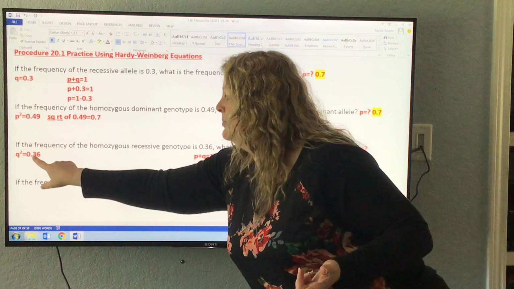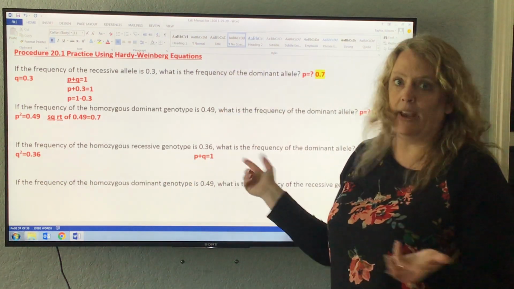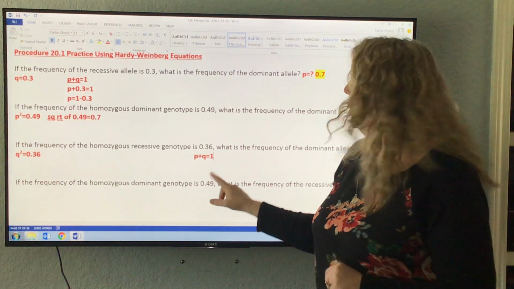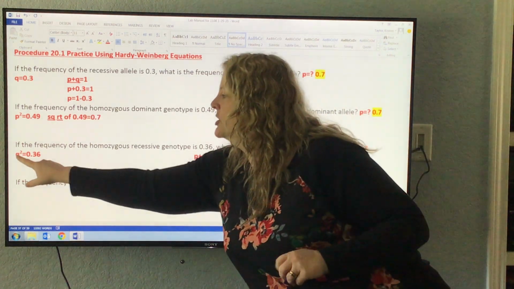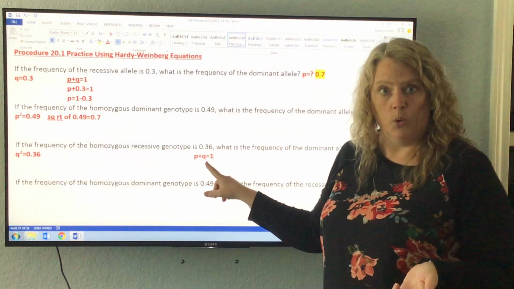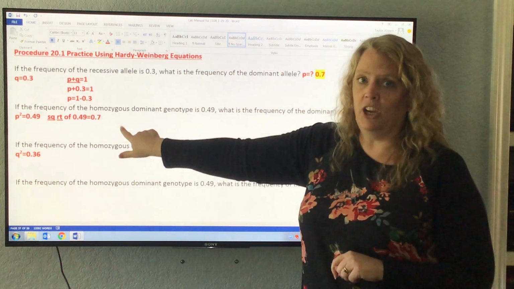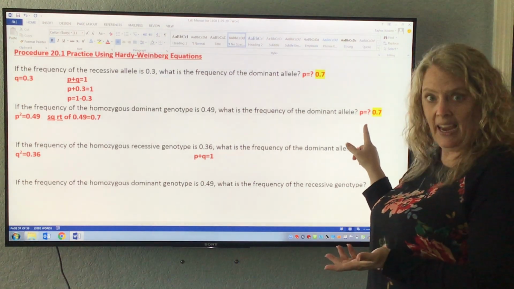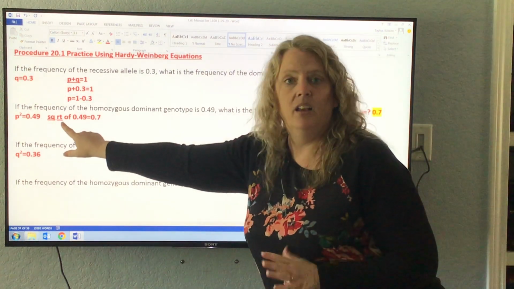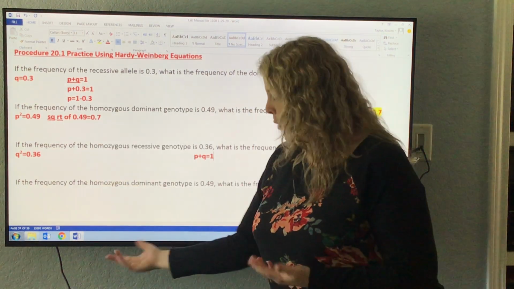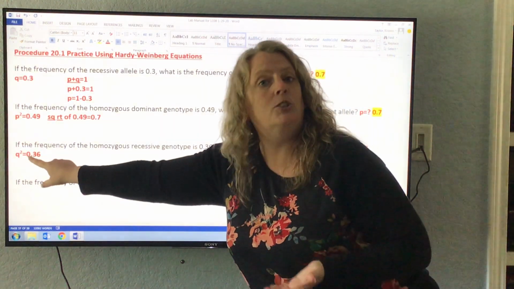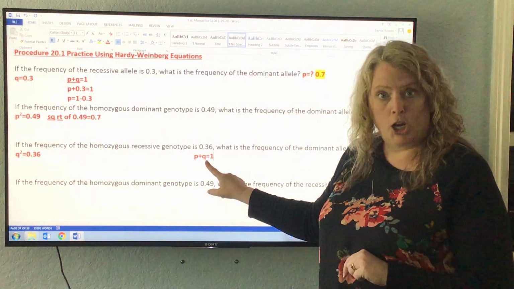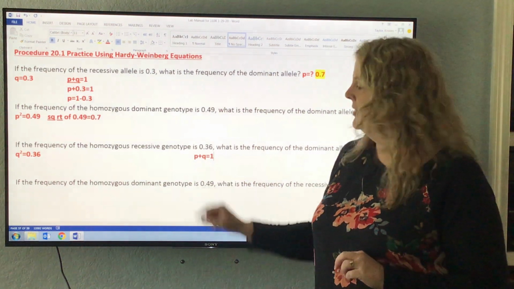So I can't just put the number in this equation. That's not the correct number. I have to go from Q squared to just Q. And remember up here, we went from P squared to just P by finding the square root. So we need to find the square root of Q squared to use the Q value in this equation.